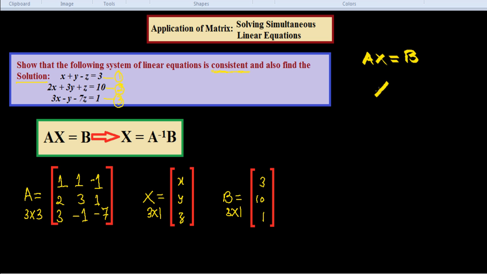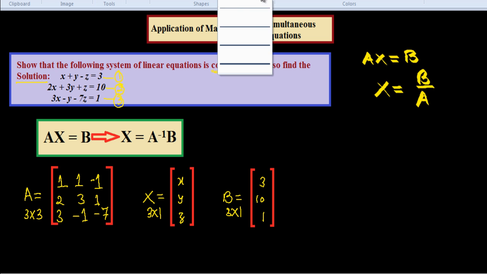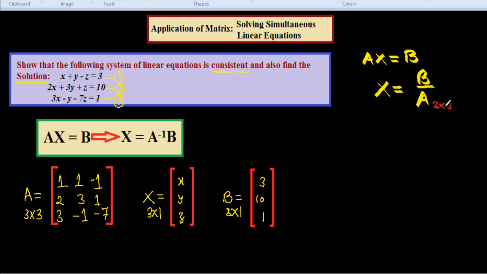So this matrix X will remain here, and A would be transferred to the other side, B over A. Here you see matrix A is a 3 by 3 matrix, and matrix B is a 3 by 1 matrix.